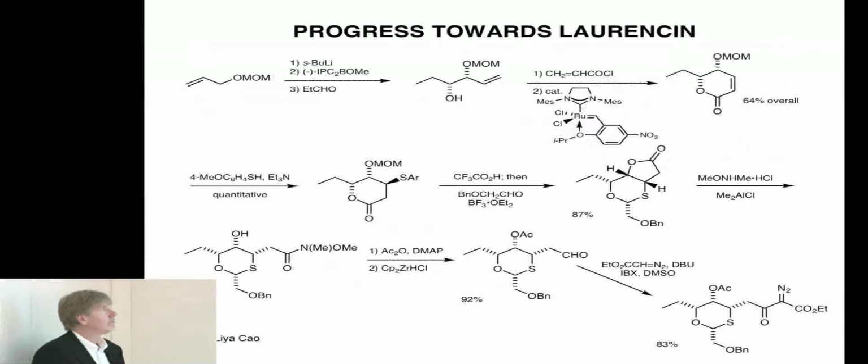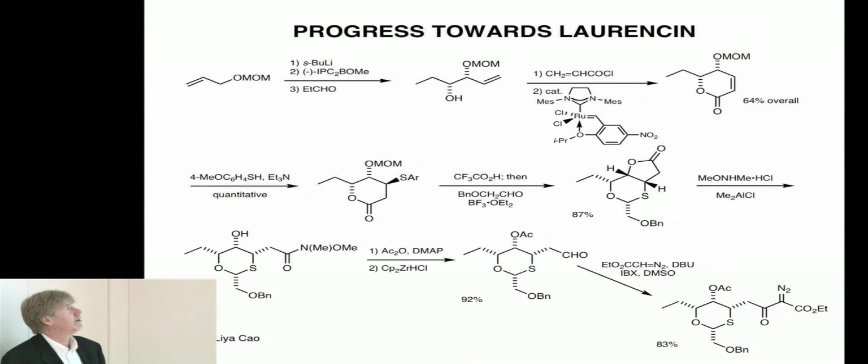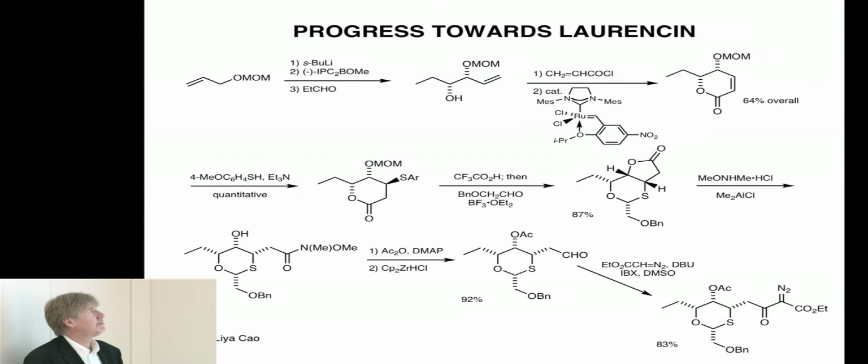ether. So to make Lawrencin, we make this monoprotected diol using an asymmetric alloboration reaction. So lithiation with sec-butyllithium, and then transmetallation to the bis-IPC alloborane, and then alloboration with propionaldehyde gives us this compound with high diastereo and enantioselectivity.